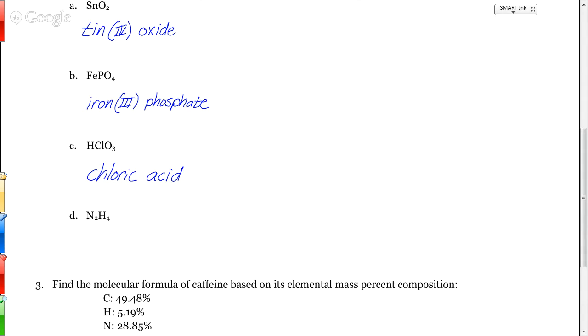ClO4, right? The way I remember those is by remembering the sequence. So it goes perchloric, chloric, chlorous, and hypochlorous. And then remembering that the top one is O4. So then you can count down and say, okay, this one's O3, so it's the second one on the list. So that's chlorate or chloric acid.